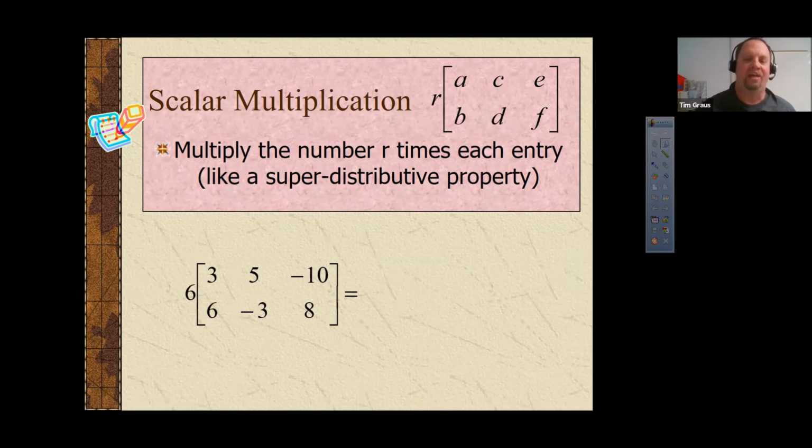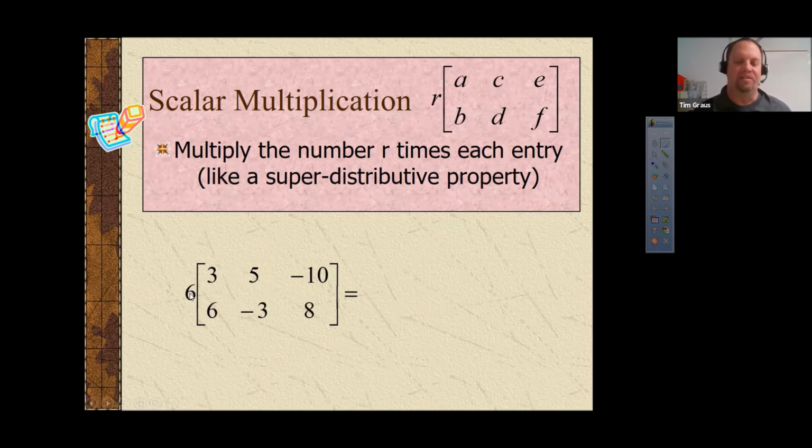The next operation we're going to talk about is called scalar multiplication. And it's called a scalar multiplication because we're going to multiply an entire matrix by a single number. That number out there, we call it the scalar. So the way this works is I'm going to take that scalar, that number out in front of the matrix, and multiply it times each entry in the matrix. It's kind of like a super distributive property.